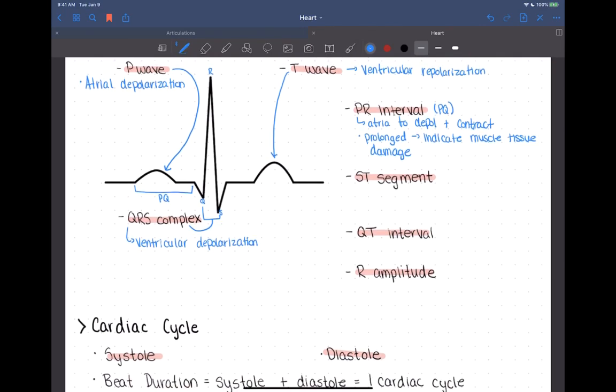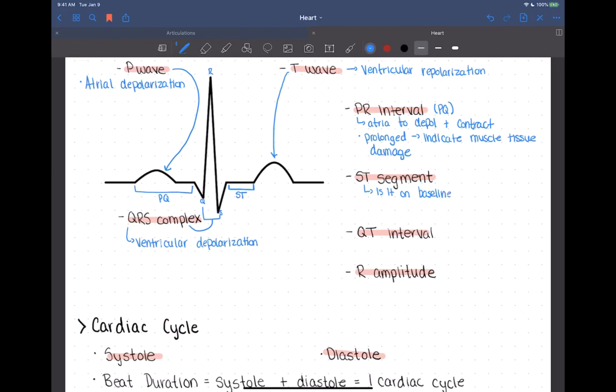Okay, and so then our next section is the ST segment. The ST segment, I'll put it on the bottom here, would go from here to here. So this would be the ST segment. What's important about it is generally you look to see, is it on baseline?